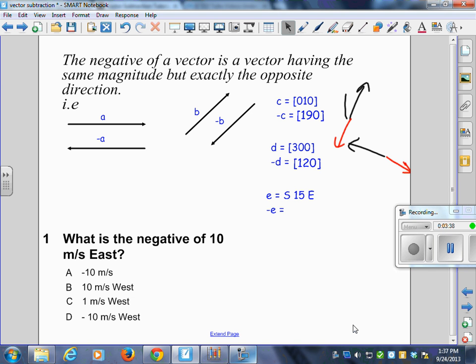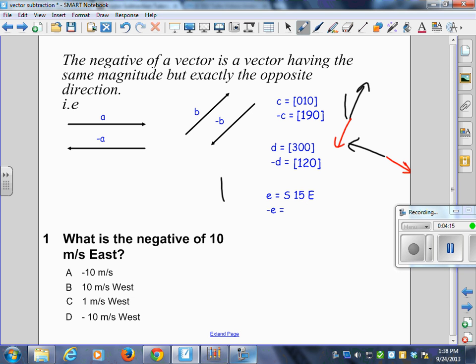What if you got something like south 15 east? Jason says north 15 west. Everybody agree? Okay, well let's work through it here. South 15 east is going to be in black, 15 like that. Oh, sorry, that's west.